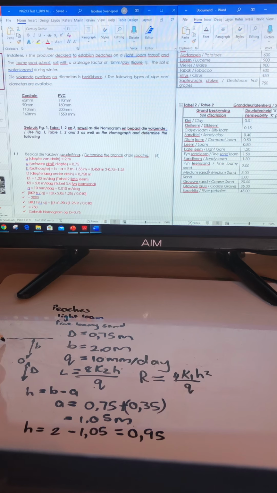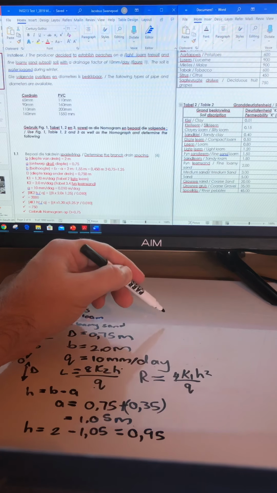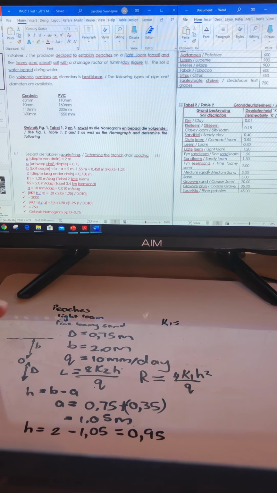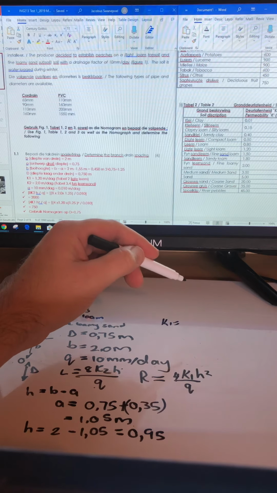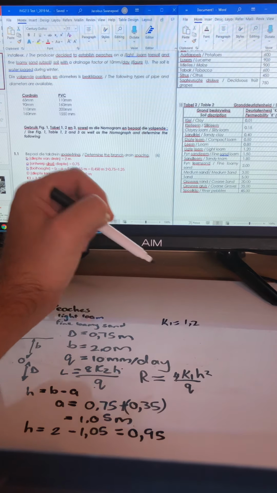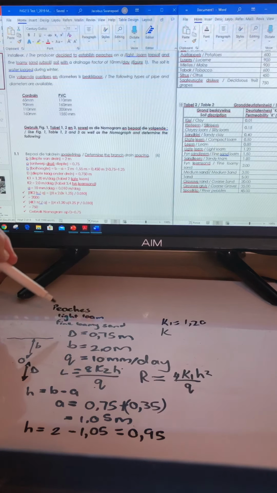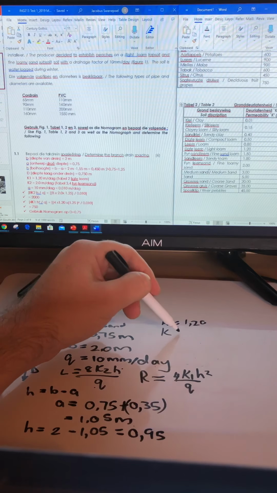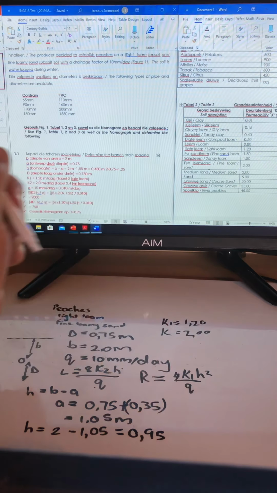So K1 equals, it is that light loam, the topsoil, and K1, if you look at this table, is 1,2. And K2, if you go back, is that fine loamy sand, and that value for K2 is 2.